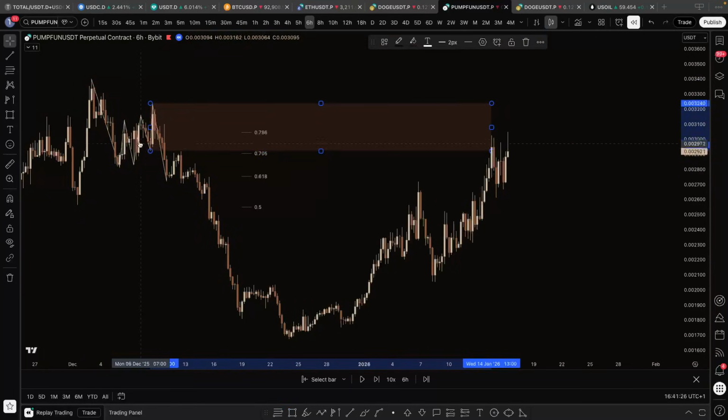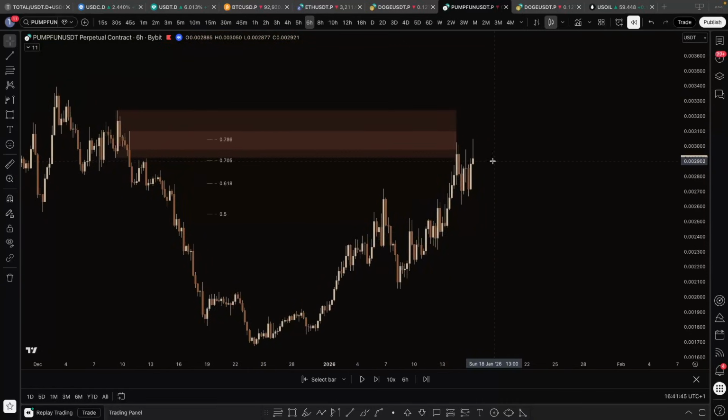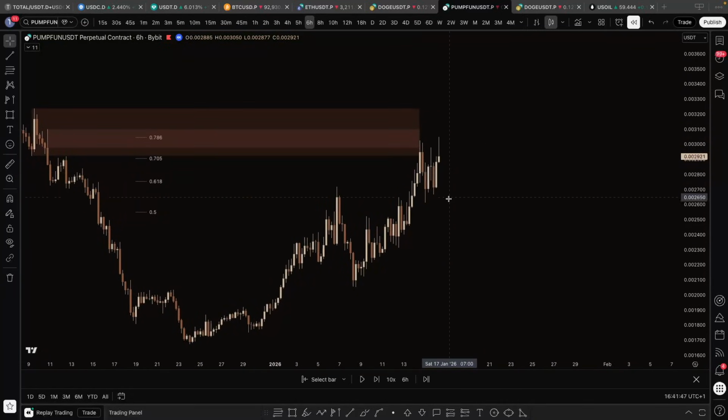And that supply area is backed by your 786. So here's your 786, and that is the supply area. So you have a double confluence of a rejection POI. So this is your rejection POI, backed by the 786. And there you indeed see it rejected from it and recreated a range.